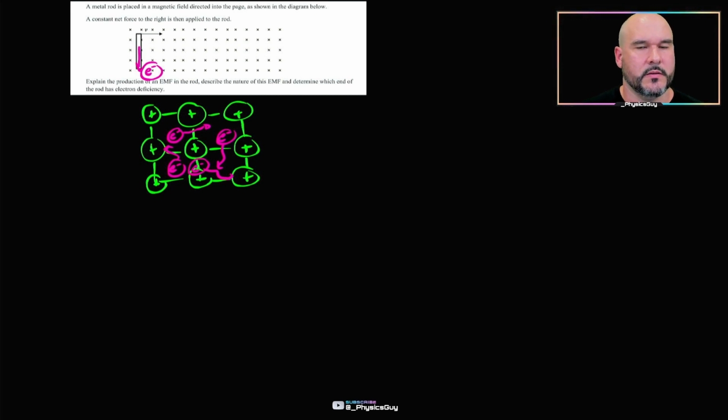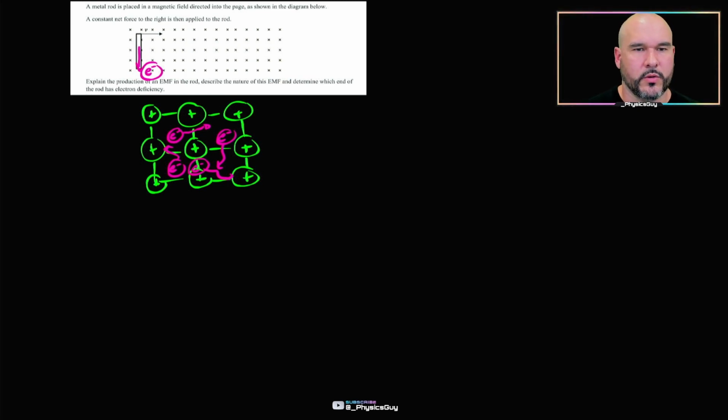So if you said that the electrons going towards the bottom of the rod make the bottom of the rod positive, I want to explain this to you in a certain manner. And that is, before the rod moves, what's the charge on the bottom of the rod? If the rod's just stationary in the magnetic field, what's the charge on the bottom of the rod? It starts with N. Hopefully you didn't say negative, because it's neutral.